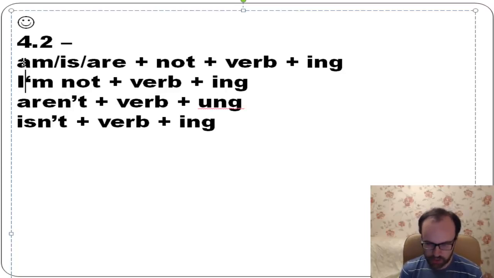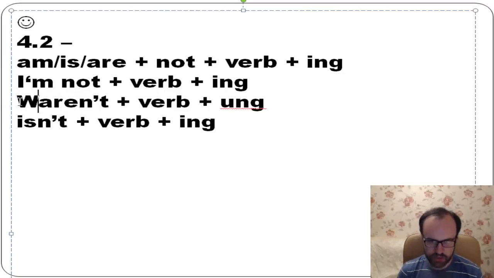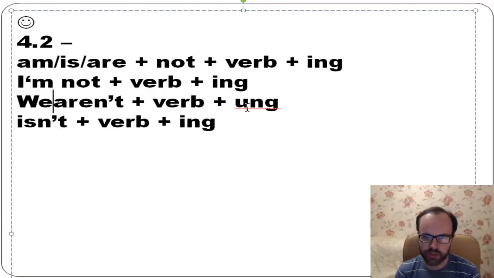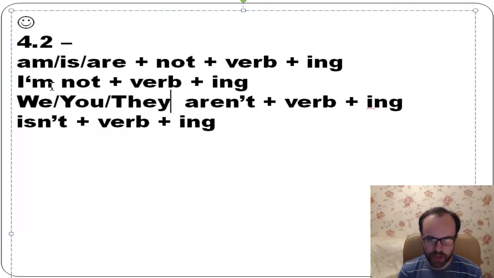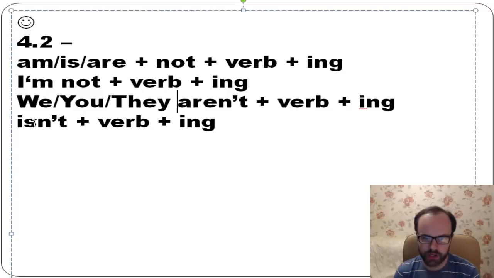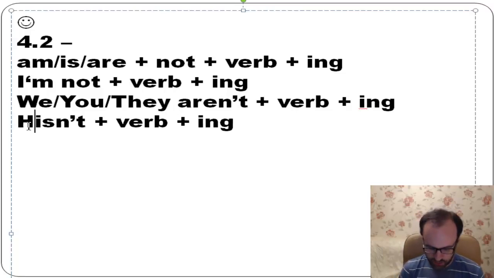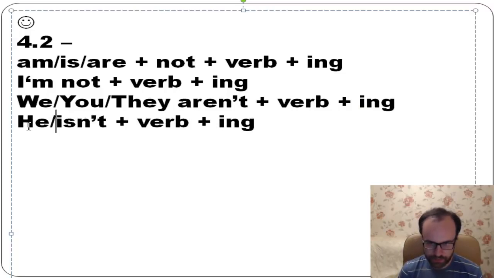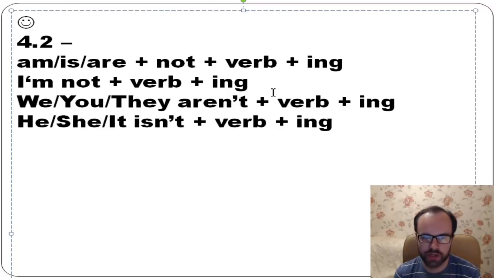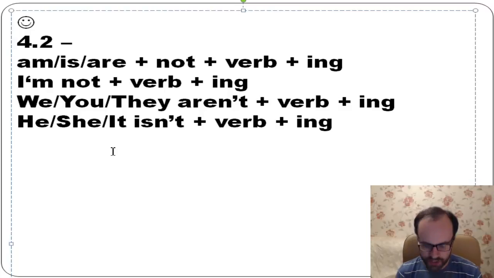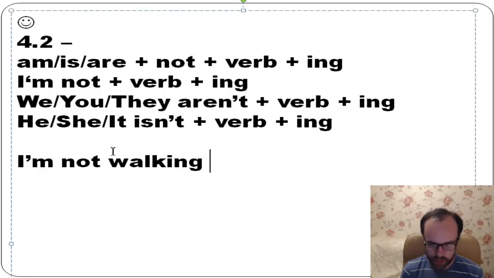So I'm not. We use aren't with we, you, they, aren't plus verb plus ing, and we use isn't with he, she, it, plus verb plus ing. For example, I'm not walking in the park now.